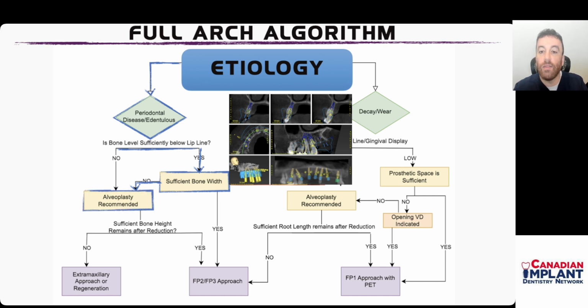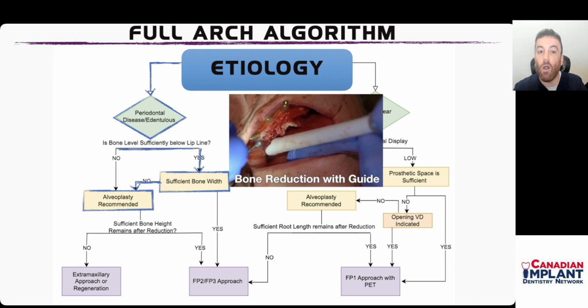If you don't, that's when you perform alveoplasty. That alveoplasty, though, should not be arbitrary, shouldn't be under-reduced, in which you are dealing with prosthetic space issues, or over-reduced, where you're taking away vital bone for future revisions if necessary. So you can have a bone reduction guide that's made to reduce exactly what you need.